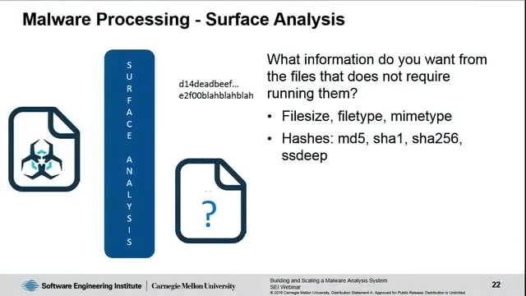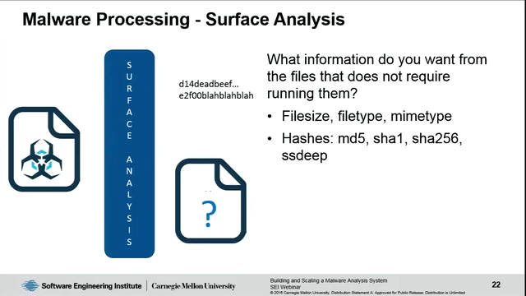So for surface analysis, surface analysis is the information about the file that's relatively easy to determine. It doesn't take a lot of resources, time or CPU, and it usually doesn't tell you anything about what it does.